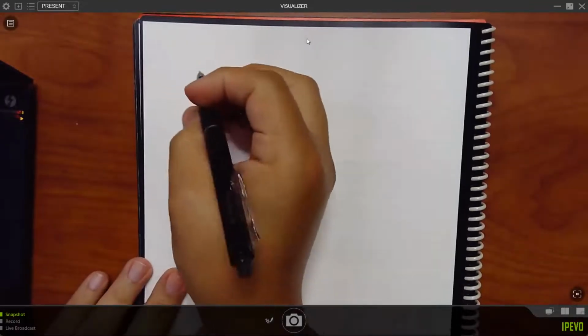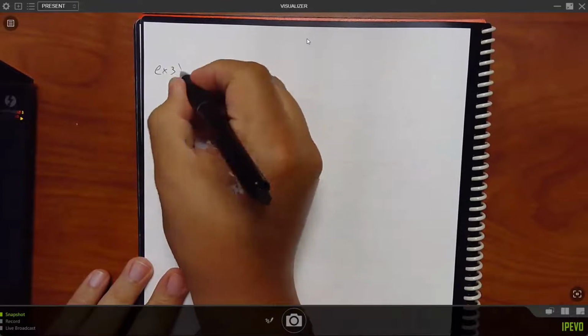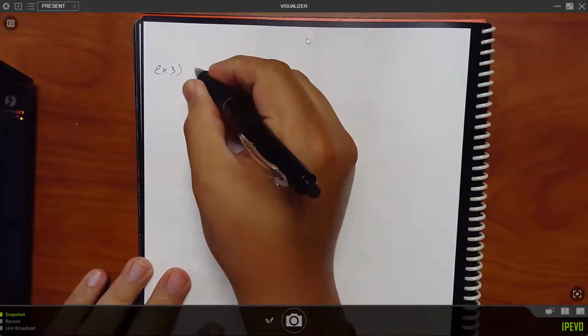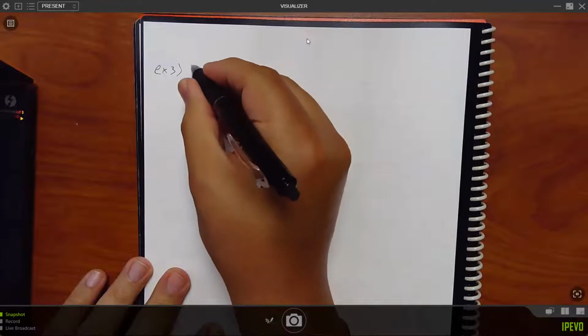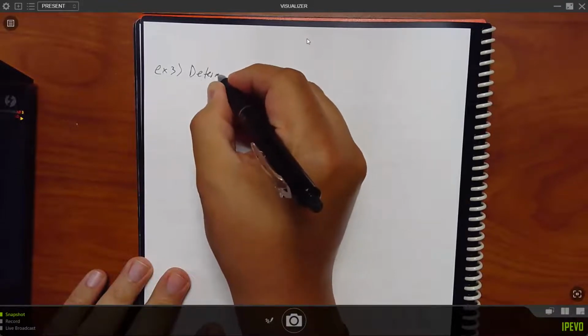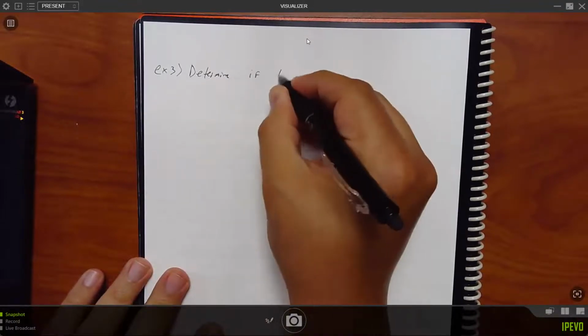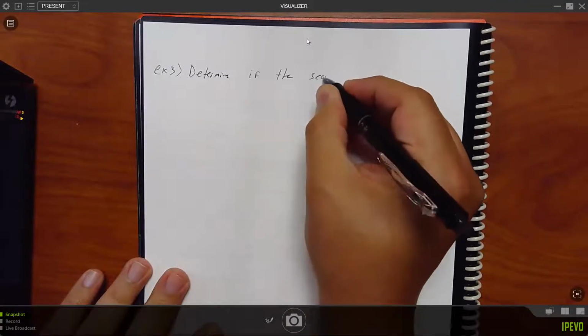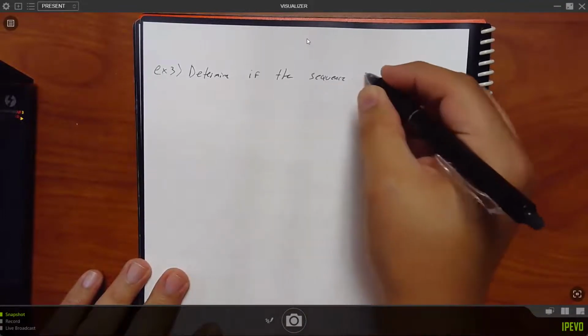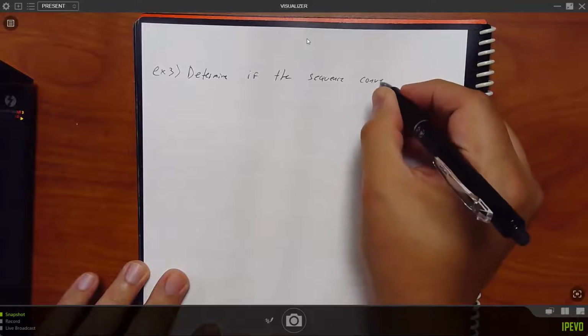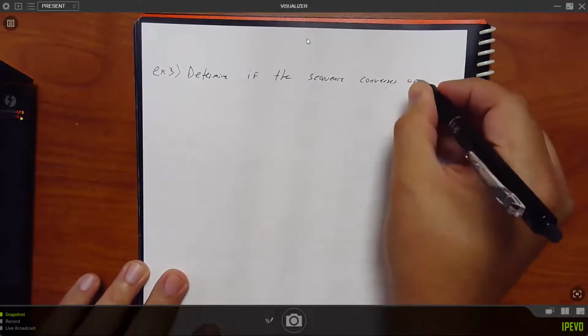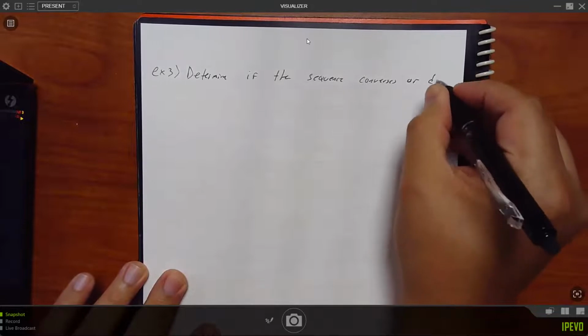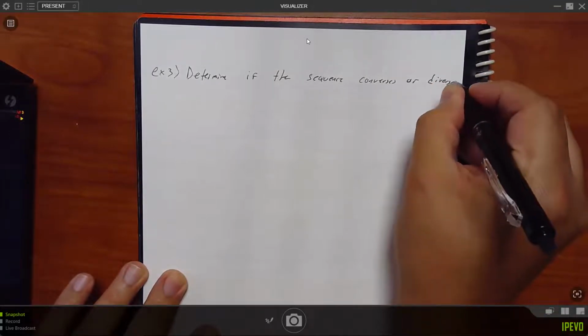So goal of this whole section is to check the limit of the sequence and see if it converges. So determine if the sequence converges or diverges.